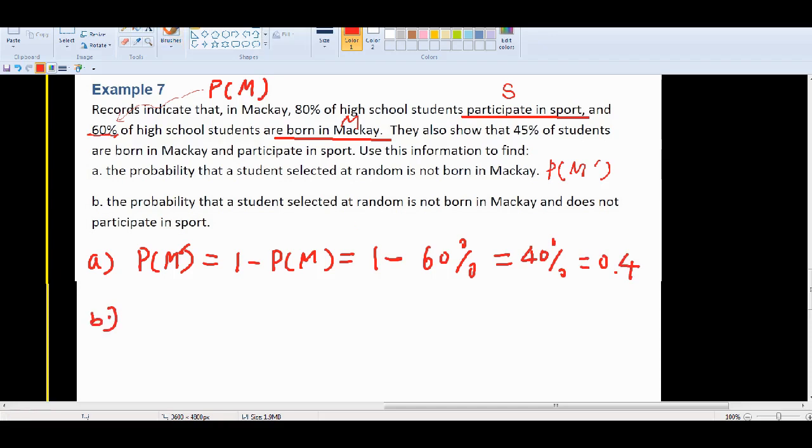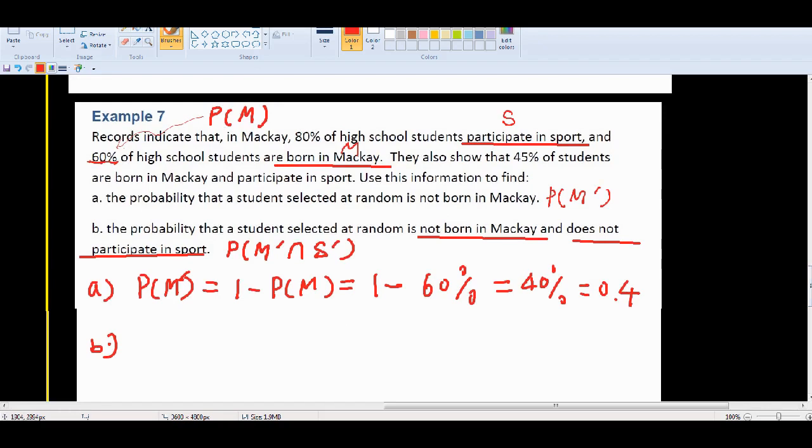Let's see B. The probability that a student selected at random is not born in Mackay and does not participate in sports. So there are two things. This probability is about not born in Mackay, so that's M dash, and does not participate in sports, so S dash. What information do we have?